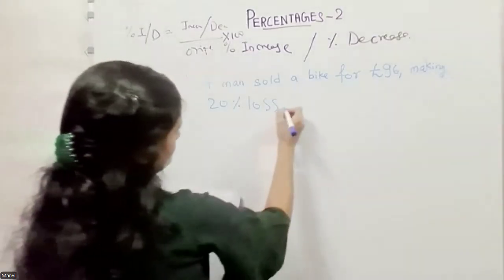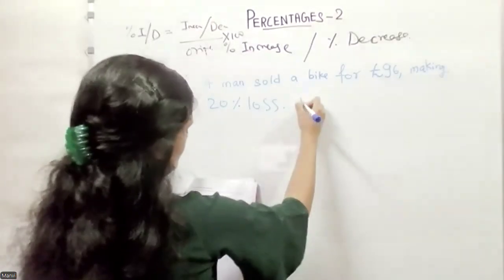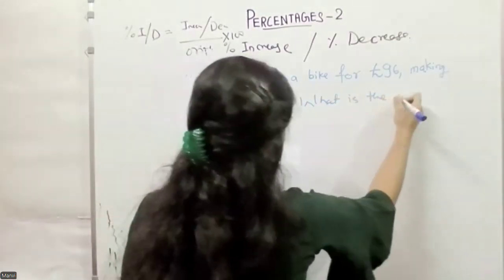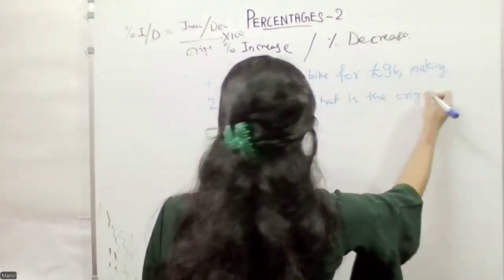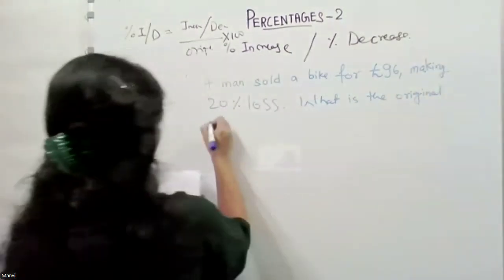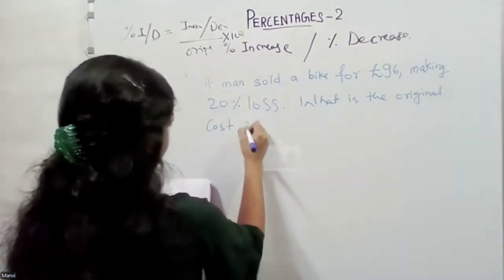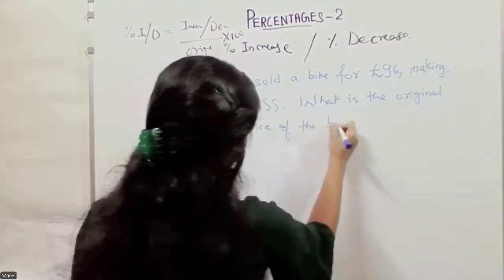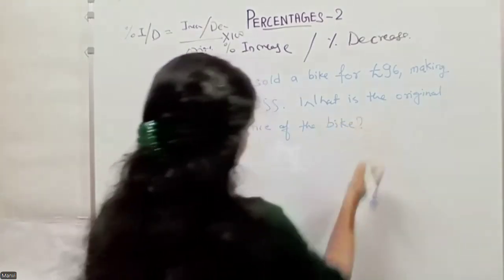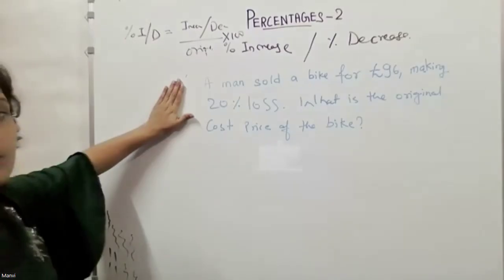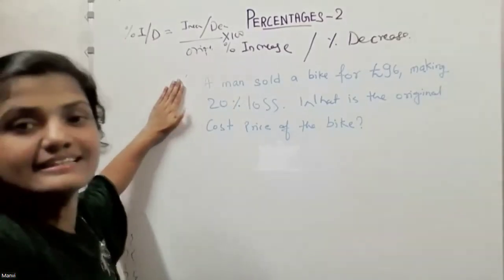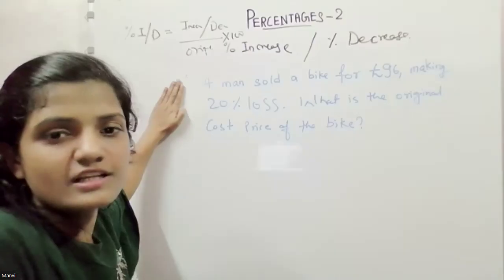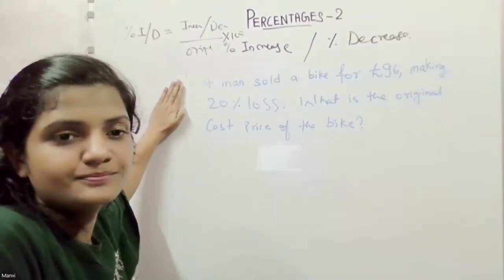What is the original cost price of the bike? A man sold a bike for 96 pounds, making 20% loss. What is the original cost price of the bike?